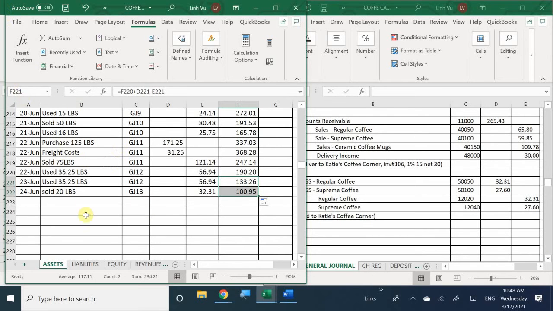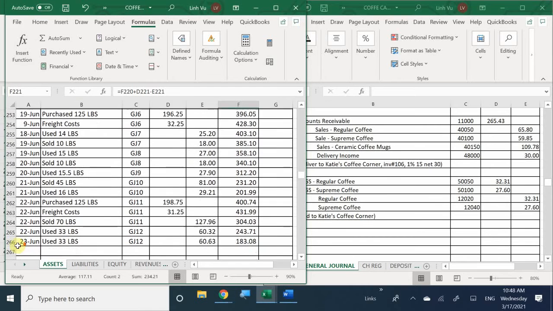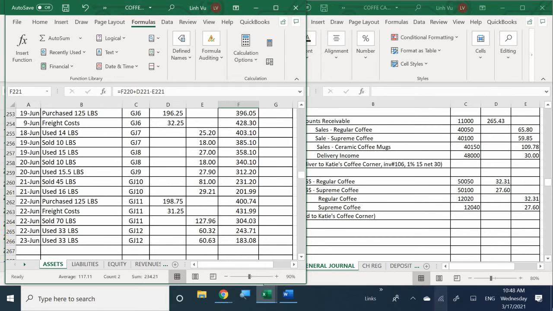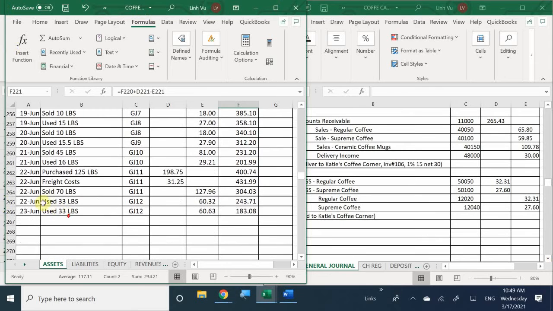Last but not least, let's update the Supreme coffee. $6.24, and we sold 15 pounds.